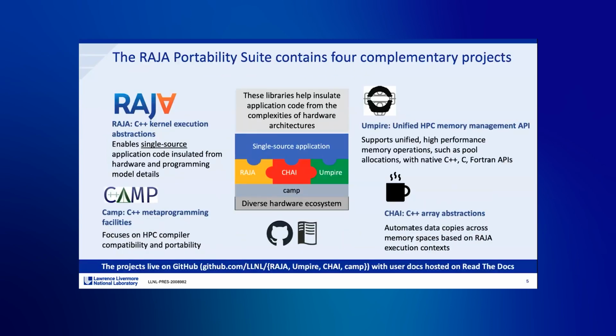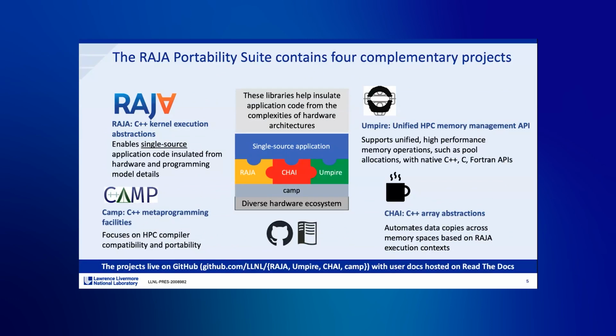So to start, the Raja Portability Suite contains 4 complementary projects: Camp, Raja, Chai, and Umpire. Camp provides template metaprogramming utilities and tools that are used in all of the repos shown here. Raja is a single source abstraction layer for performance portability, which allows codes to write one kernel that can run on multiple hardware platforms.